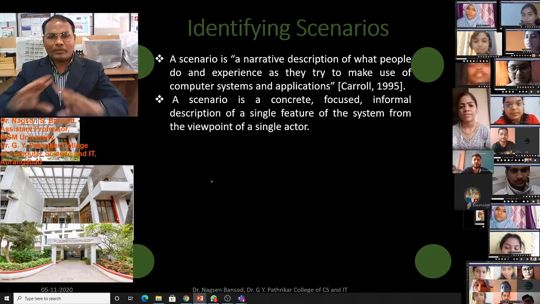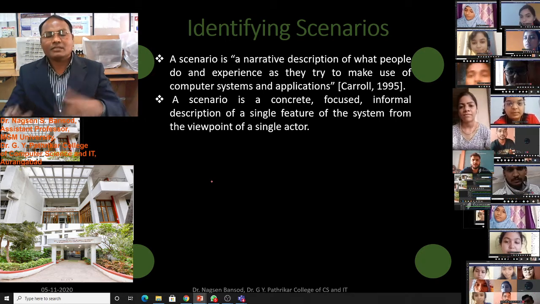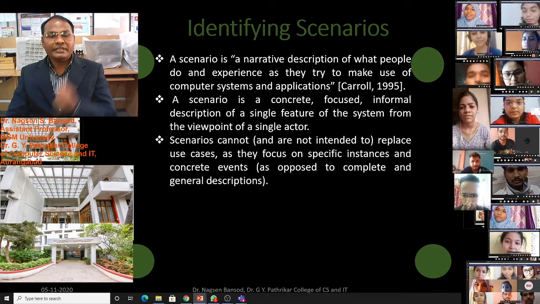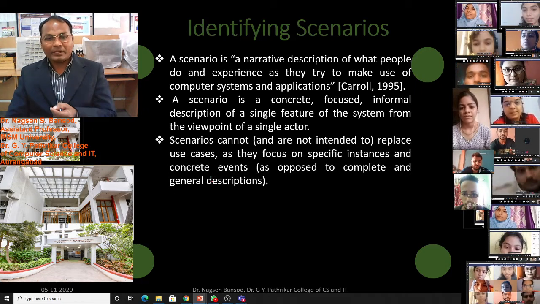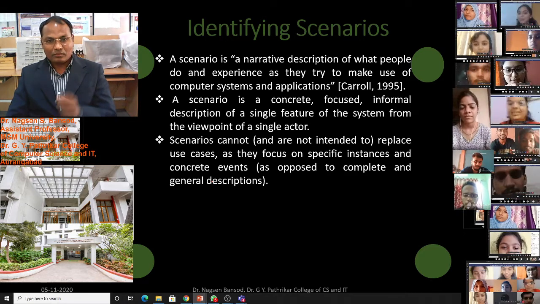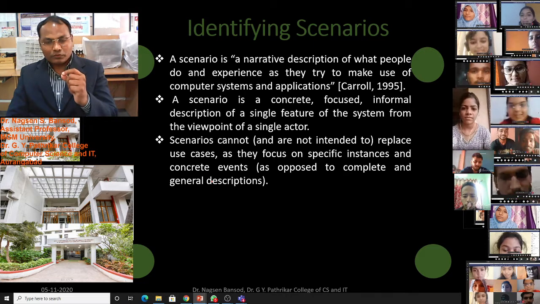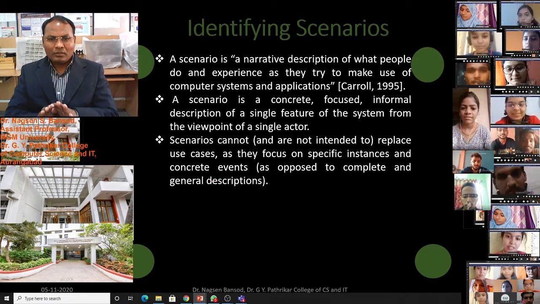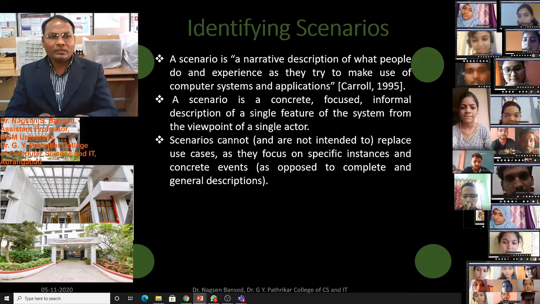The task of a single actor is one scenario. A scenario cannot replace use cases. Suppose we know the use cases, we cannot replace them; we do not use a scenario instead of the use cases.